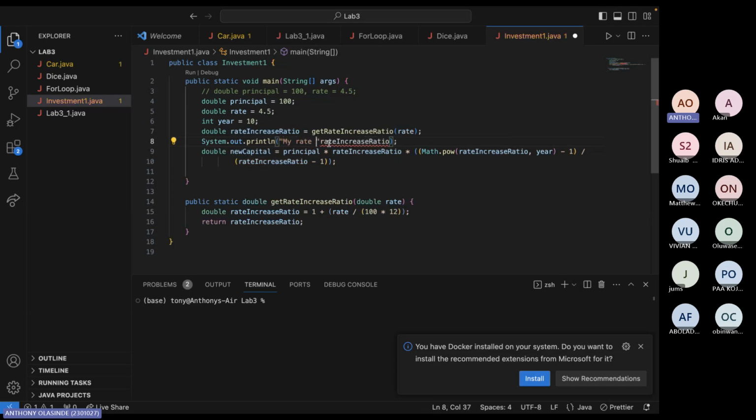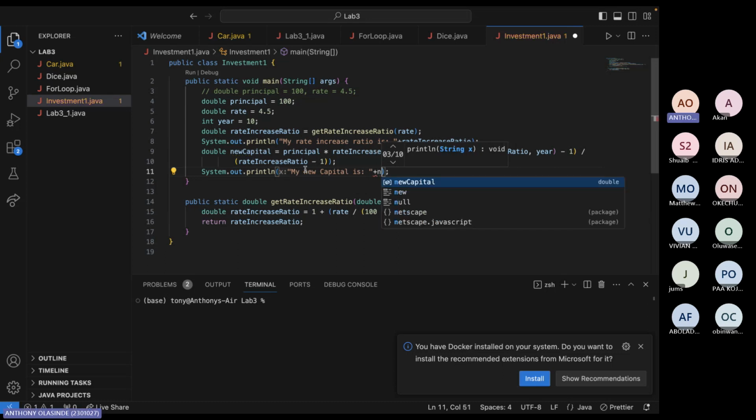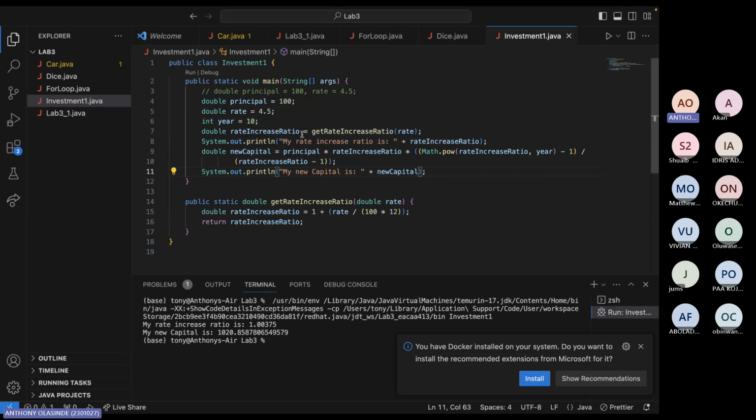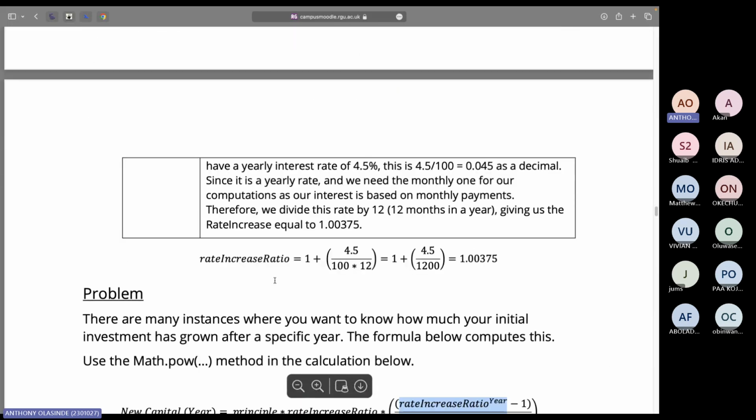My rate increase ratio is, then my new capital is new capital. So let's run that. So what we are expecting is for the rate increase ratio to be calculated, to just call this and we get something. So we get 1.00375, and I think we're right on track.